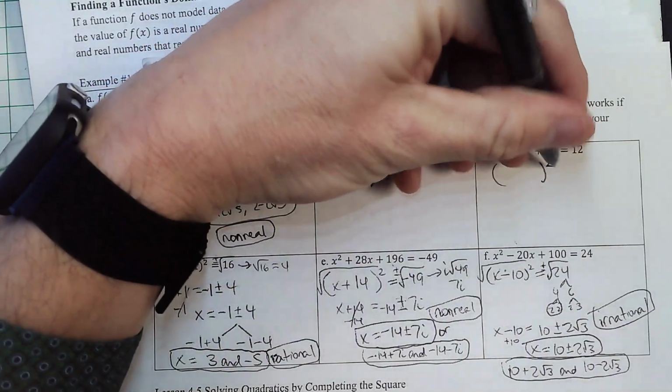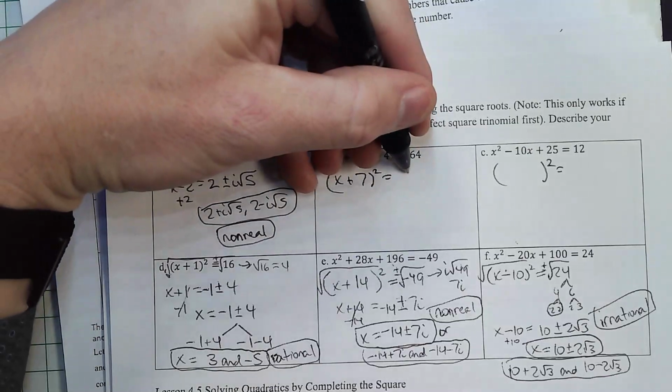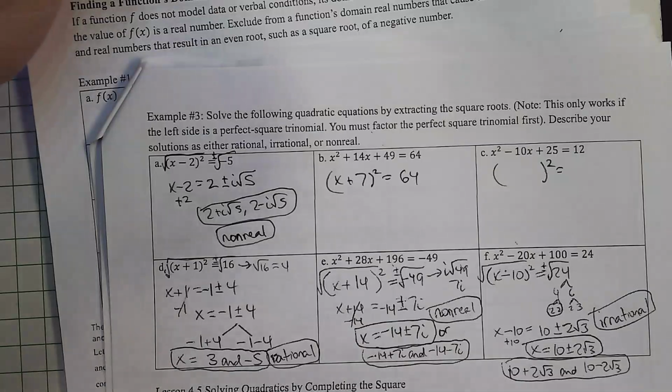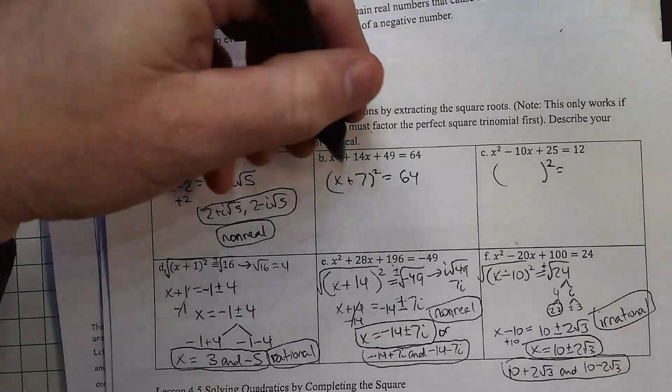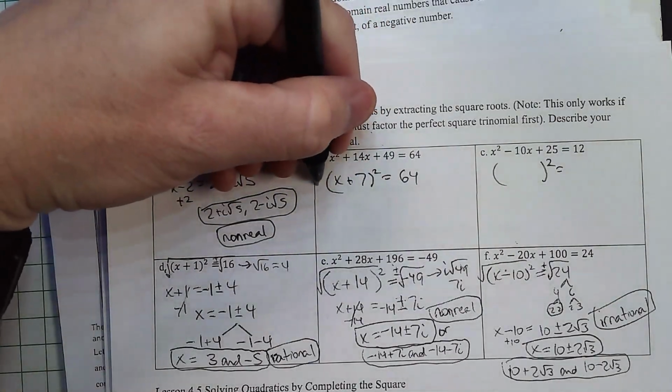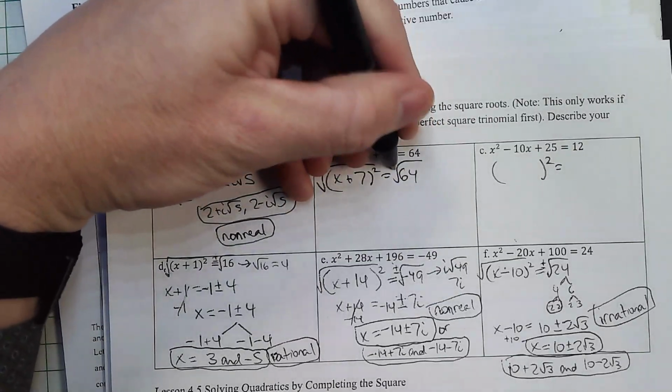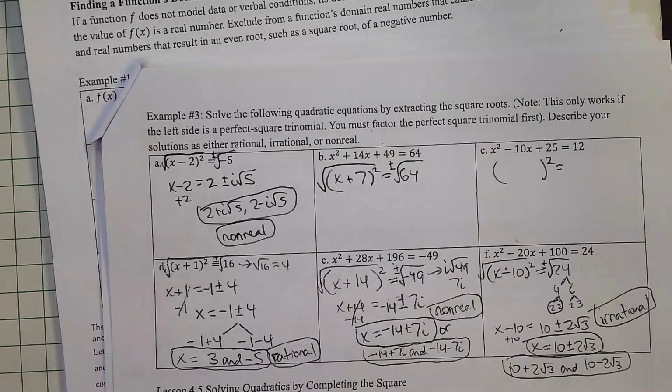We might need Cooper on the next one here. Equals 64. What do I do next? Square root, plus or minus in front, so I'll pause there.